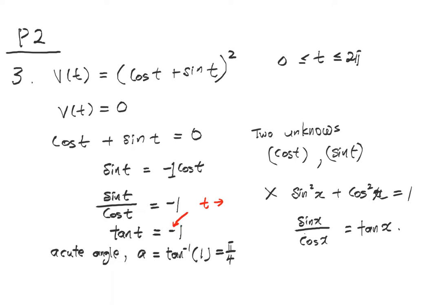Tangent of what angle in which quadrant will give you a negative value? 2 and 4. Am I right? So therefore, t will be equal to, if it's in the second quadrant, how do you get the angle?